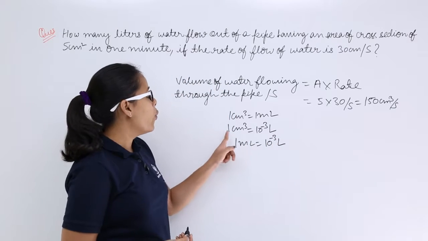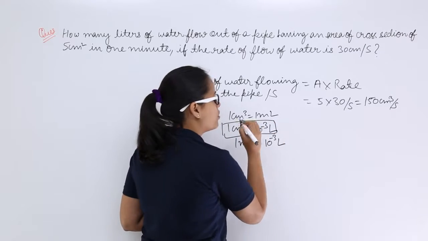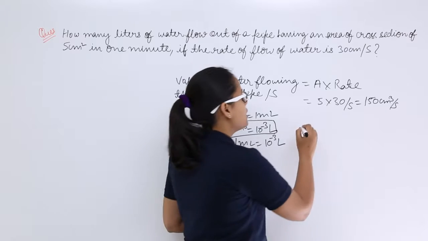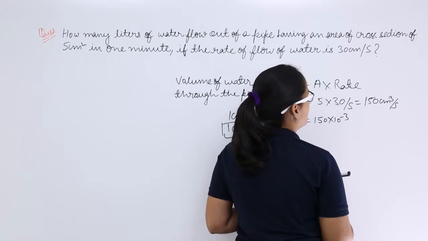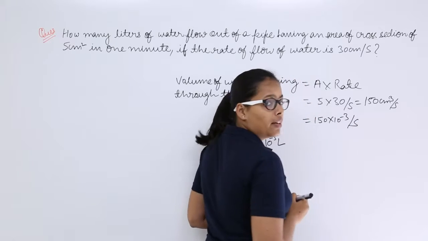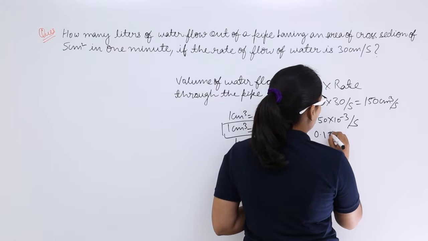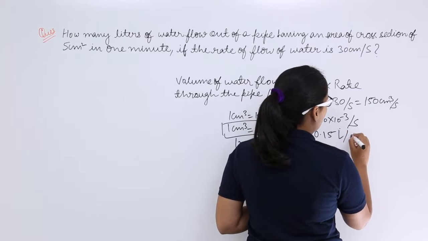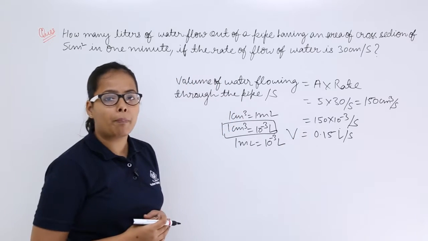So that's why 1 centimeter cube is equal to 10 to the power minus 3 liter. So let's multiply 150 with 10 to the power minus 3 and divide it by second. This will give you 0.15 liter per second. So this much volume is flowing through the pipe.